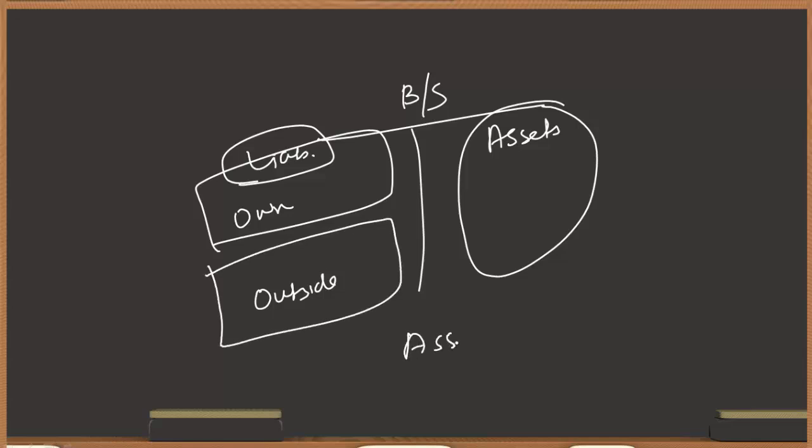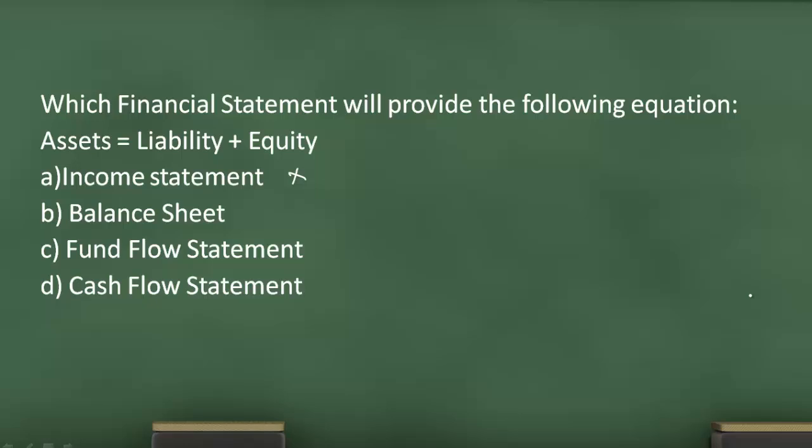So asset is equal to owner's fund, which we call as equity, and outside funds, which is called as liabilities. So now we have the answer as to which statement gives. It is basically the balance sheet. Balance sheet would tell us asset is equal to liability plus equity.